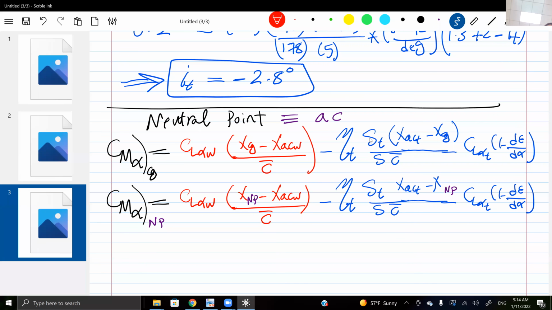Any suggestion? The point where there's zero moment. Not exactly, it's close enough. It's the point at which the moment is constant. Moment is constant, very good. Moment doesn't change with the angle of attack. And if the moment does not change with the angle of attack, the slope should be what?